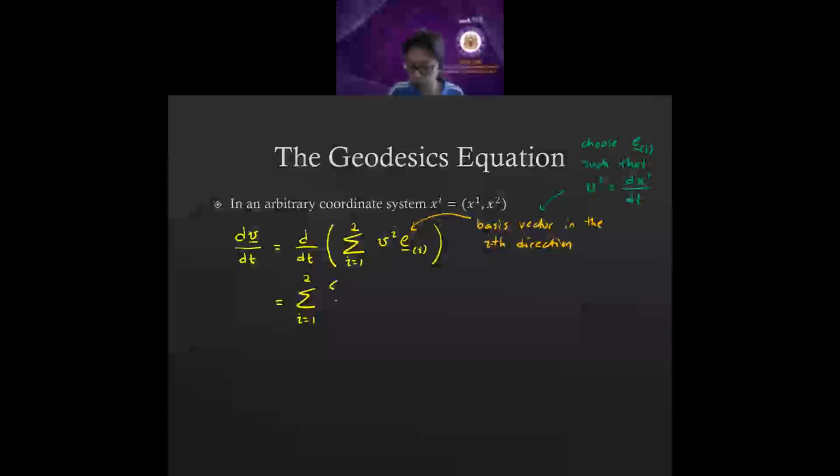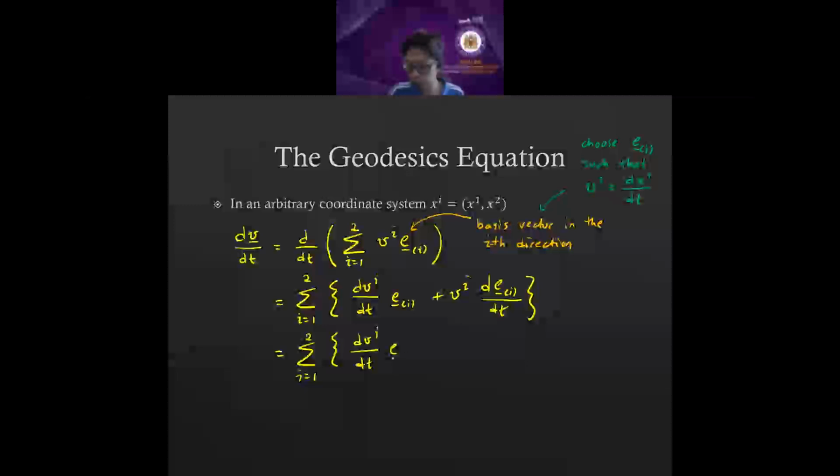If we do that, we first get dv^i/dt times e_i, plus v^i times the rate of change of the basis vector. The first term, we're not going to do anything, just leave it like that.